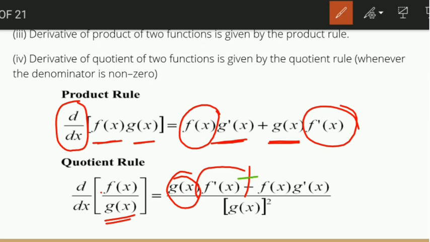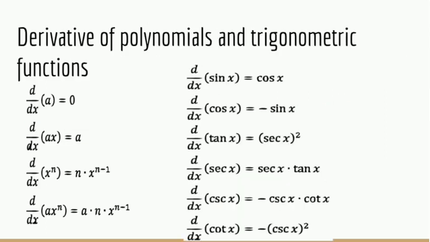Now let's move on to the derivatives of polynomials and trigonometric functions. Don't get worried, okay? These are very basic results which you have to learn by heart, whatever you call it.